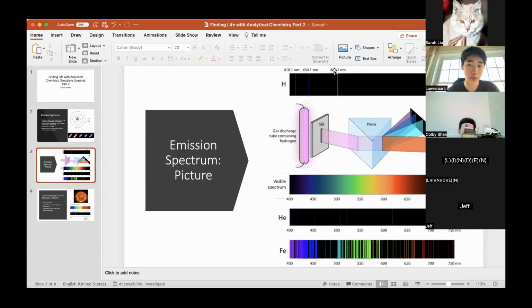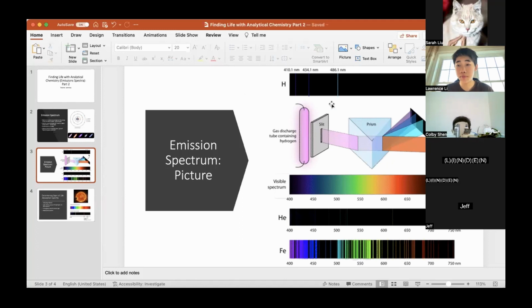That's the way our brain interprets 486 nanometers. Something like gamma, I'm not really sure what the nanometer measure of gamma is, but it is very small, and that's why it can be really dangerous. Gamma will destroy the DNA in your body. It will pass right through your skin. It will definitely kill you.